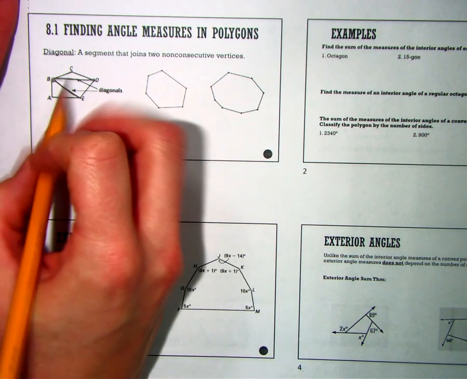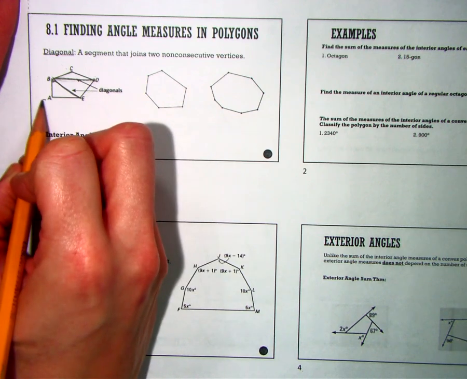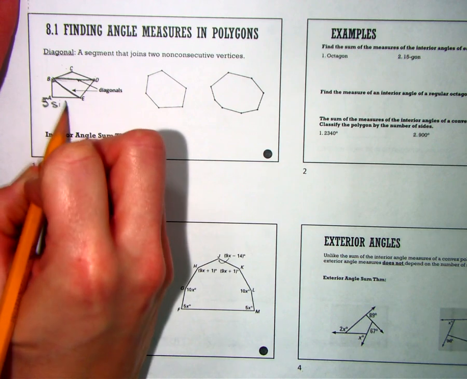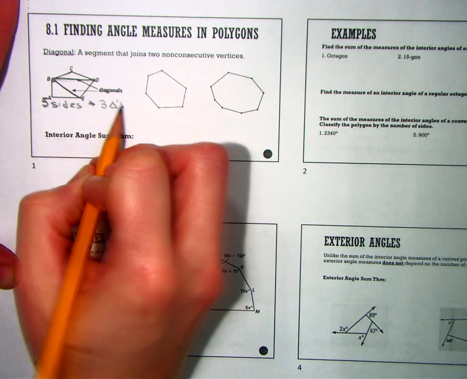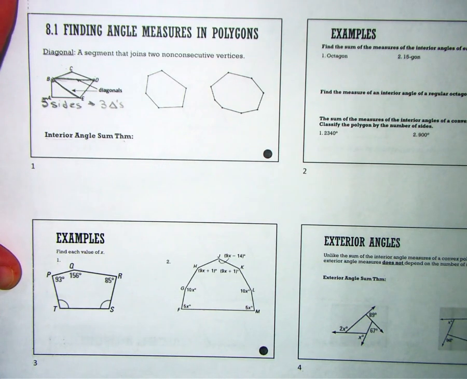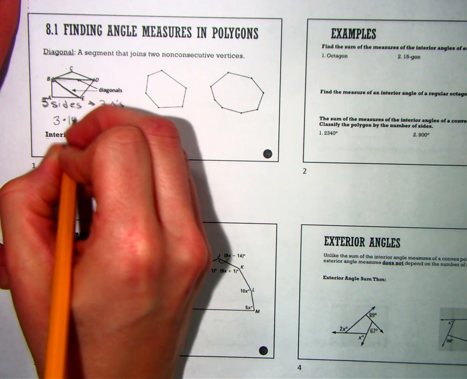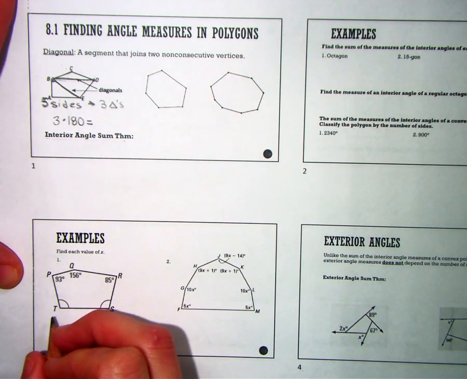So this particular shape has 1, 2, 3, 4, 5 sides. So if it has 5 sides, it has 3 triangles. And if it has 3 triangles, we're going to take 3 times 180 to get the sum of that shape.